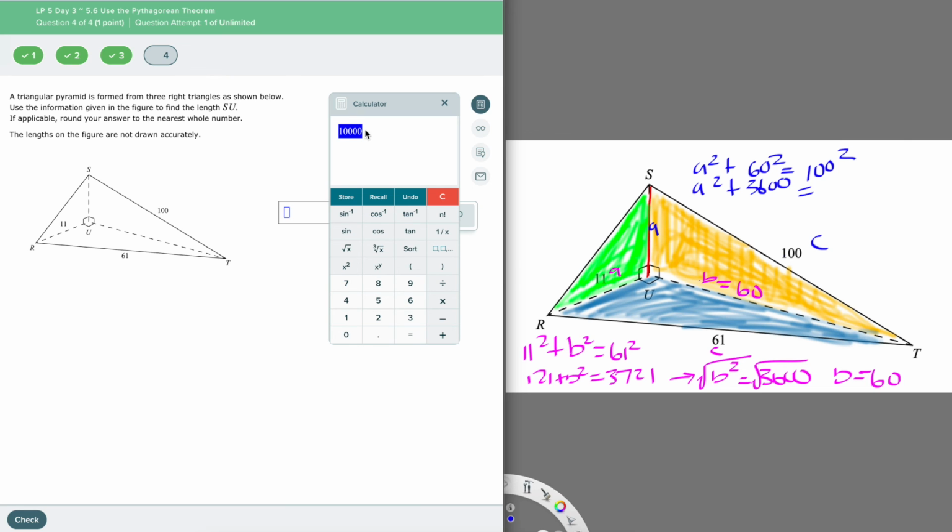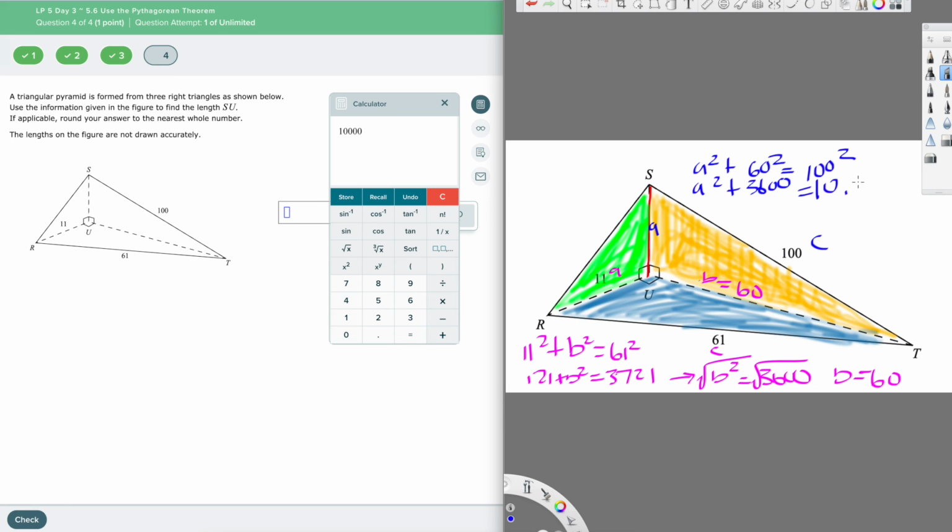So 100 times 100 would be 4 zeros. I don't know if that necessarily makes sense to everybody, but that's how I remember how to multiply them together. It tells me how many zeros I'm going to have after the 1. So we have 10,000, and we're going to subtract 3,600.